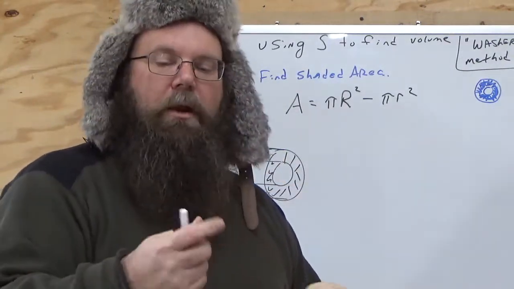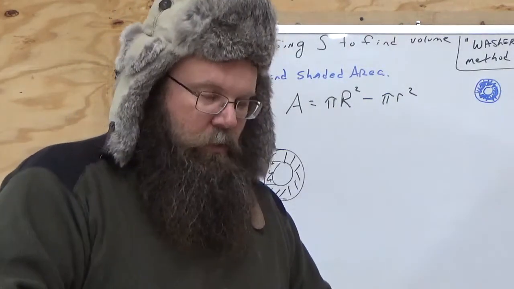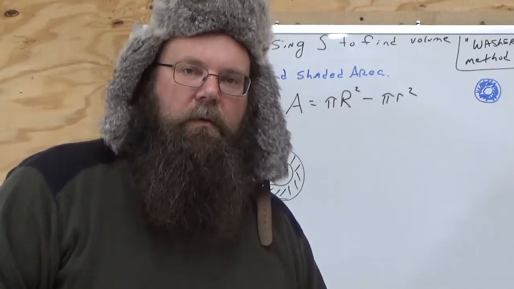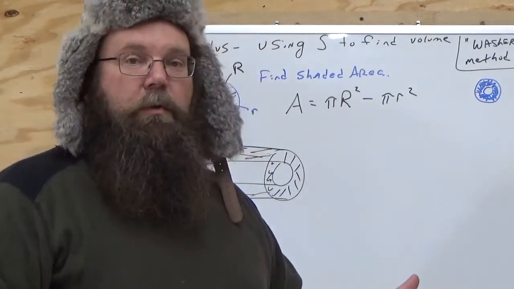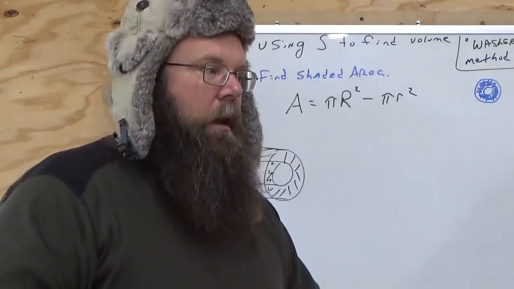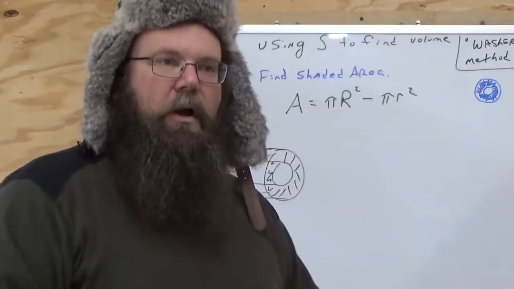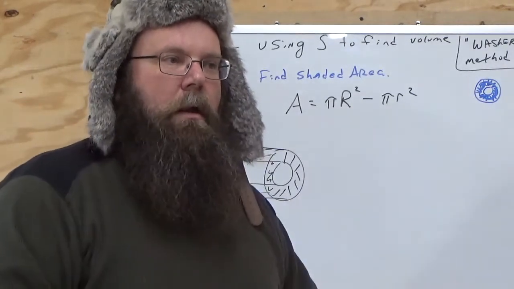People that are going into engineering, ceramic sciences, material sciences, which is a really big field nowadays. If you watch Big Bang Theory, Howard Wolowitz would probably be very interested in finding the volume of these different objects, because it's how much stuff is there.